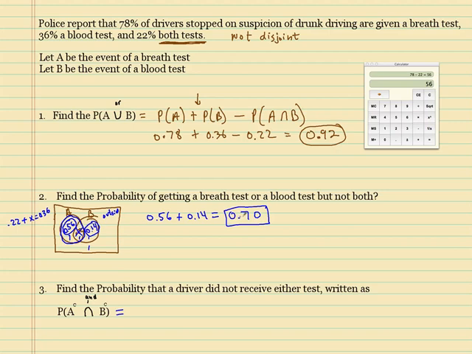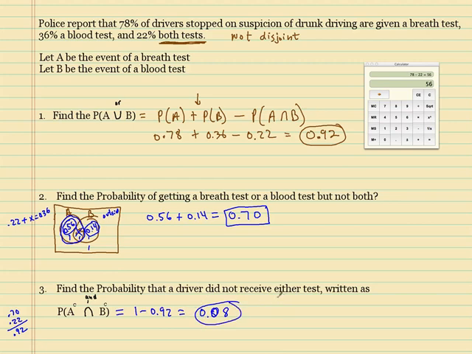So 0.70 plus 0.22, 70, 80, 90, and 2. So that's 0.92. That's all the inside, so you just do 1 minus that. So there's an 8% chance you won't get either.